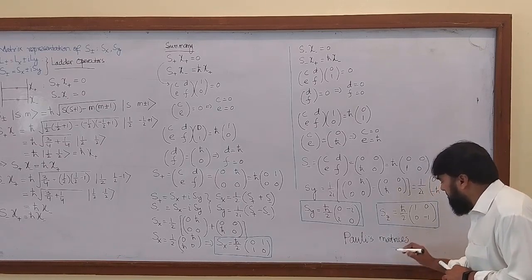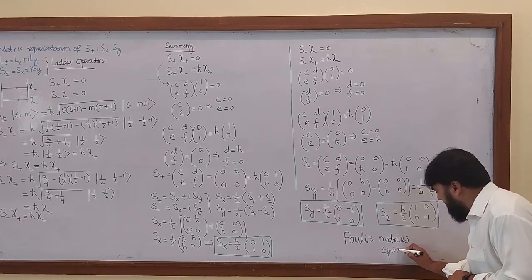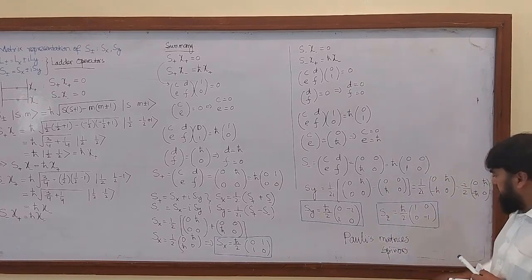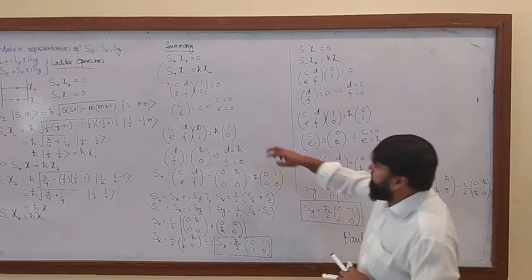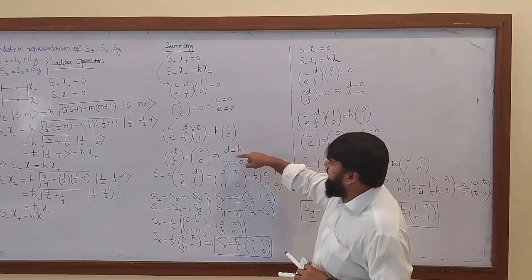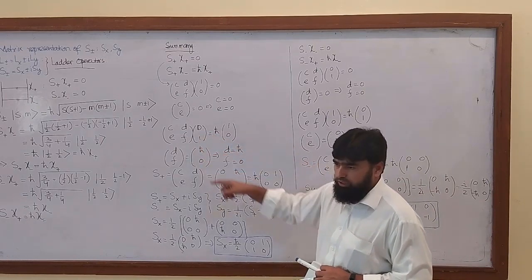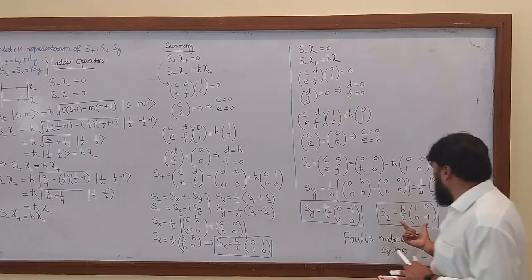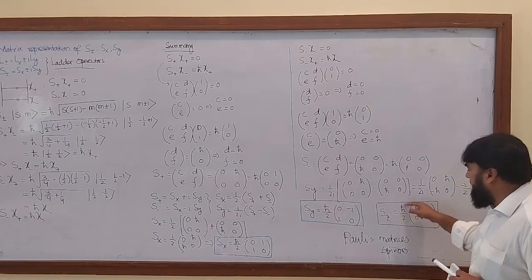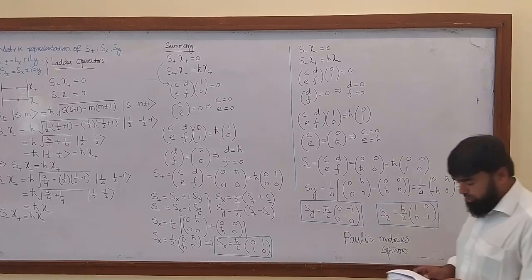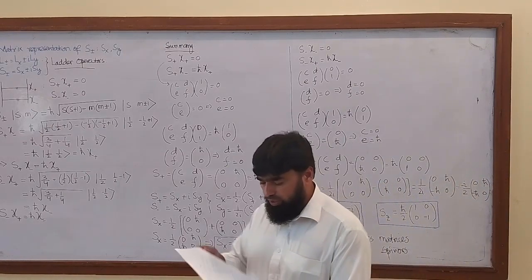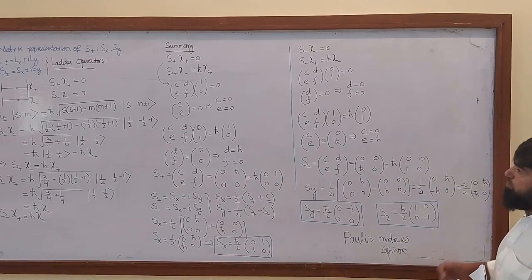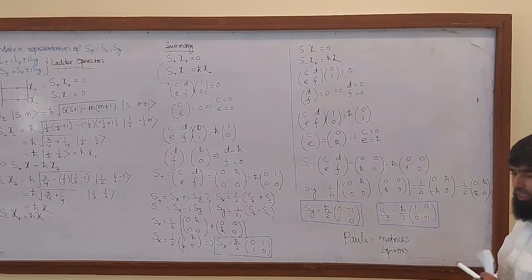These are also called the Pauli spinors because these are states, these are vectors, these are states. Like we were having spin up state and spin down states. These are also spinors, vectors, spinors, and these are also states. These are the eigenvalues, h bar over 2 being the eigenvalues. So we have derived the spinors, the Pauli matrices.